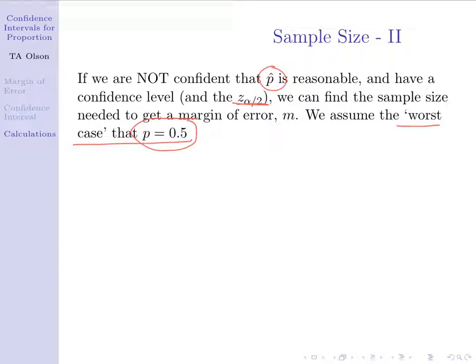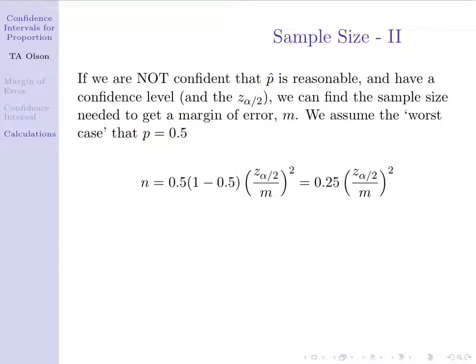Okay, so the calculation to get our sample size assumes that our p is 0.5, 1 minus p is also going to be 0.5. 0.5 times 0.5 is actually 0.25. So if we don't have any idea at all about what p hat is ahead of time, we just assume that it's half, right? This will give us the largest sample size for a given margin of error that we want.